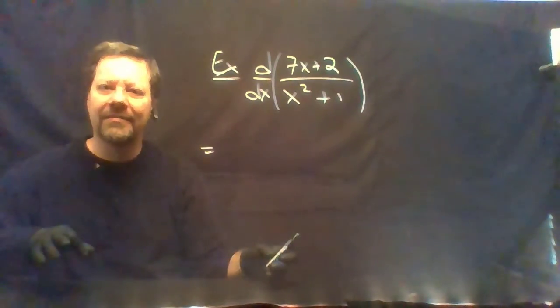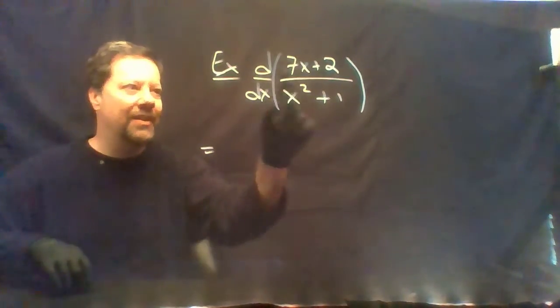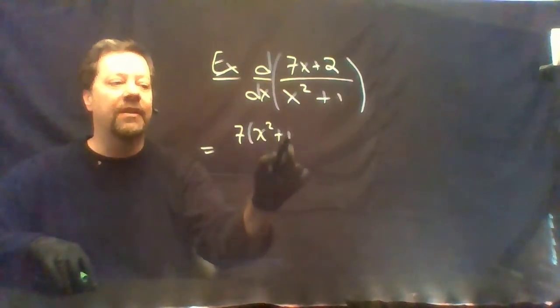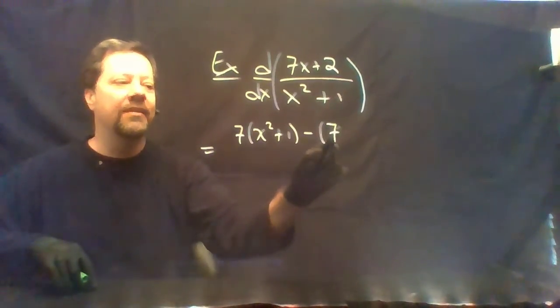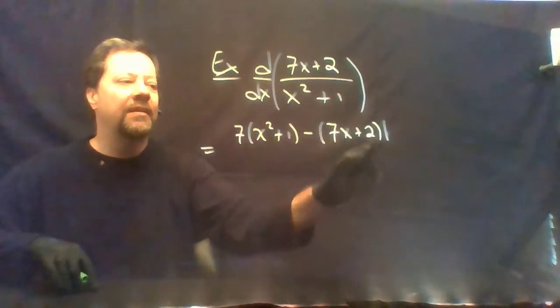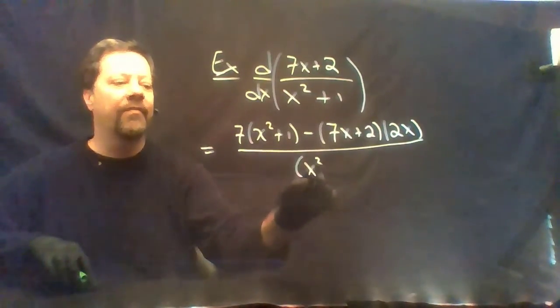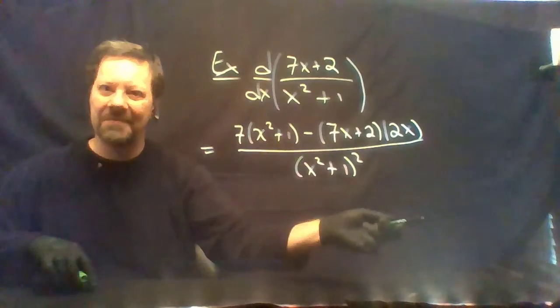How do I do that? Now we know. You take the derivative of the top times the bottom left alone minus the top times the derivative of the bottom over the bottom squared.